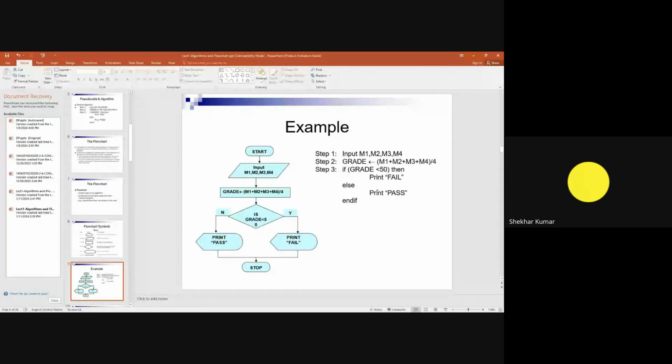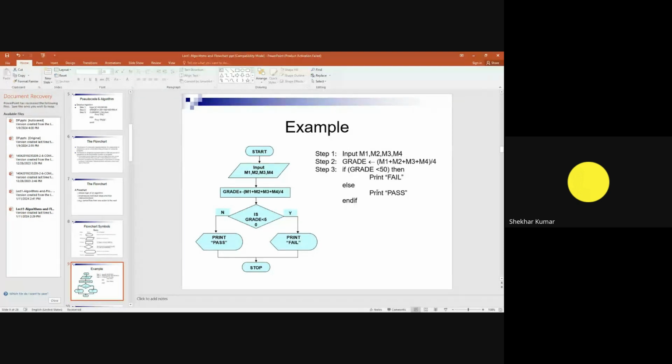This is the example. In this example, we have also designed the pseudocode and algorithm. Now, we are trying to draw a flowchart for the same problem.